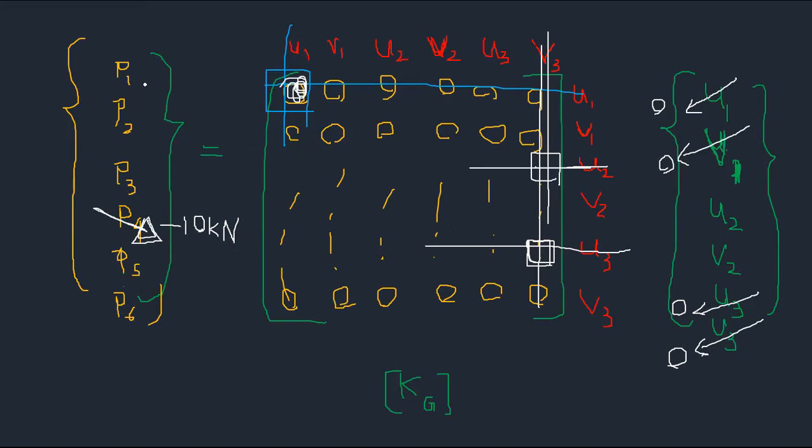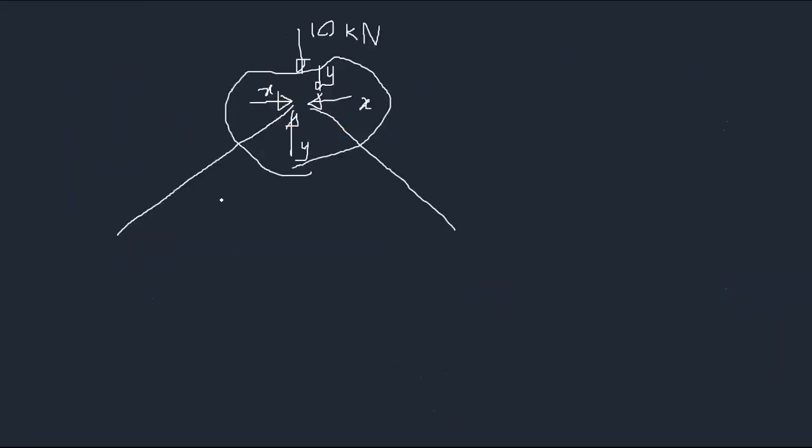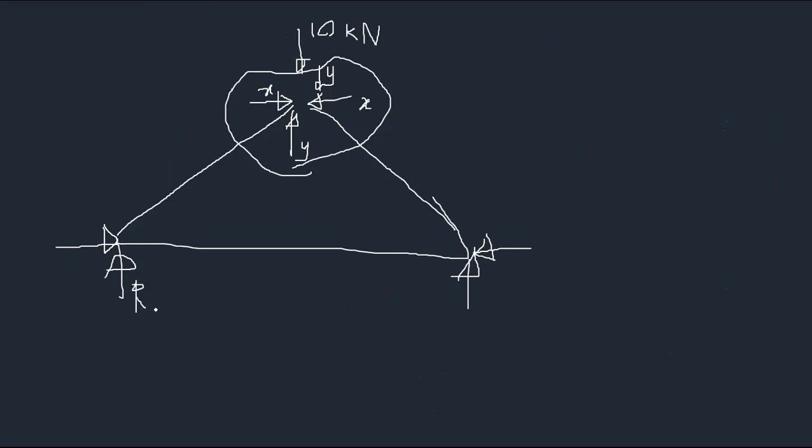So for P2 as well, there will actually be a reaction, right? It's a joint like this. To keep it in equilibrium, the supports will give some reactions, R1 and R2, and R3, R4.